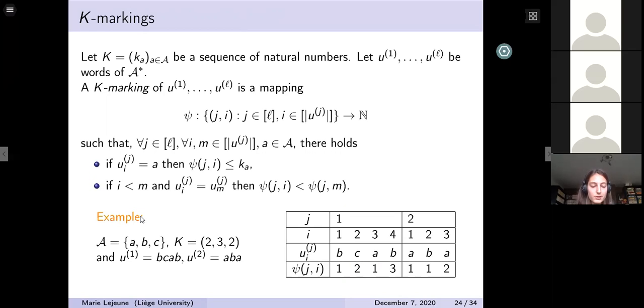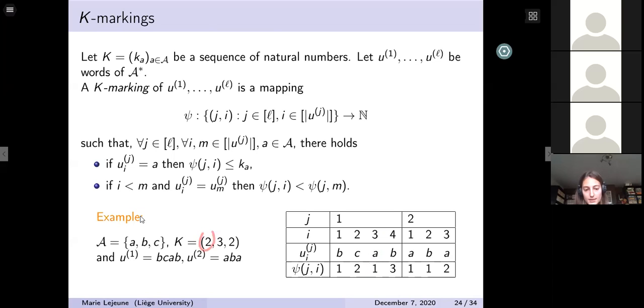So the first rule is that if I look at j and i, for example, 1 and 3, I look at U1's third letter, it's an A. So I just copied the words here. So j is 1, i is 3, it's an A. And so the number here has to be at most KA.